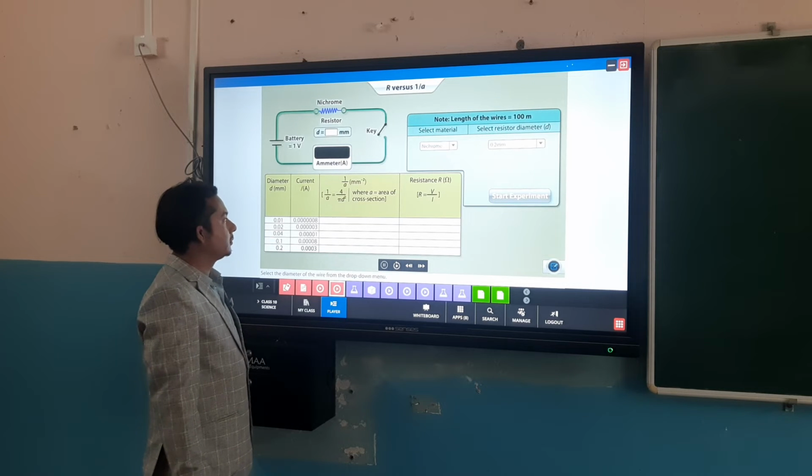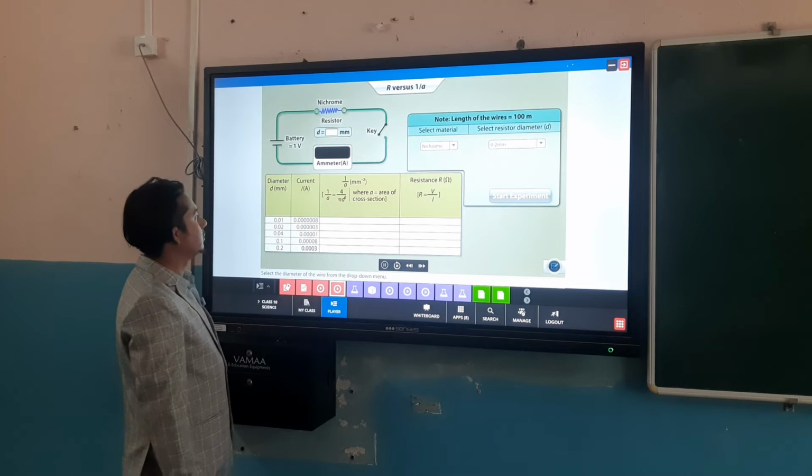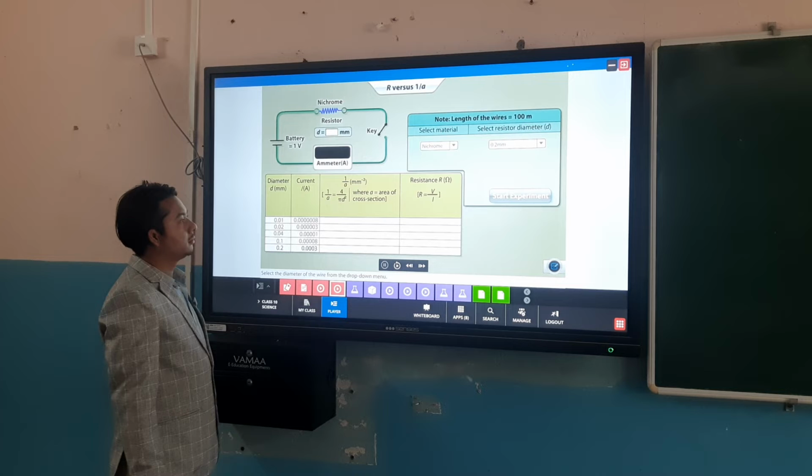Using these observations, calculate the resistance of the wires from Ohm's law.